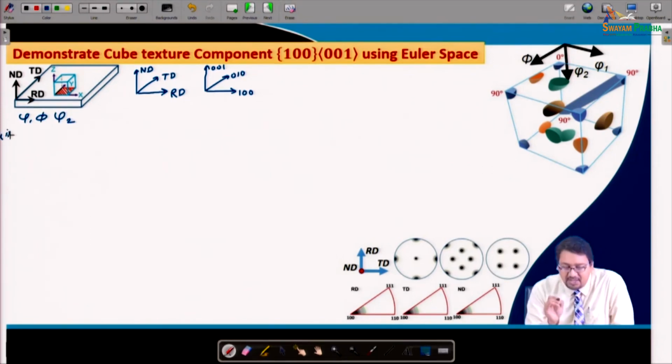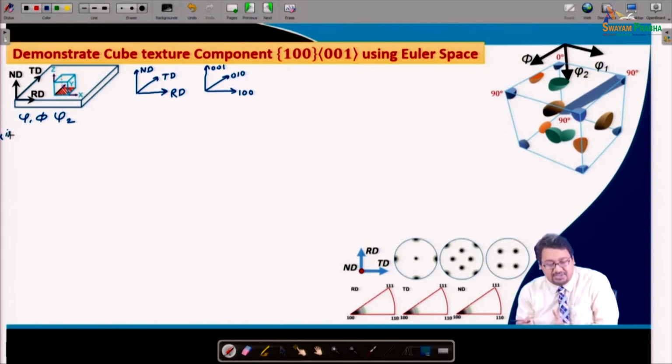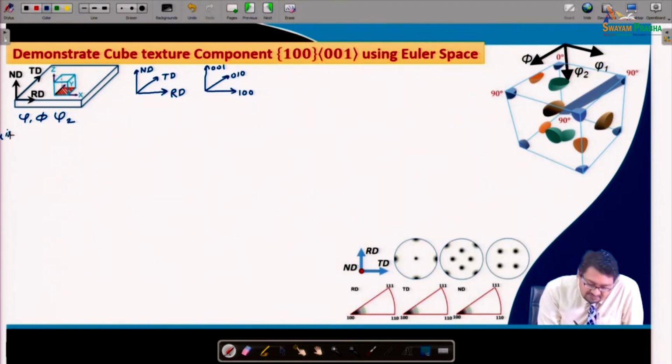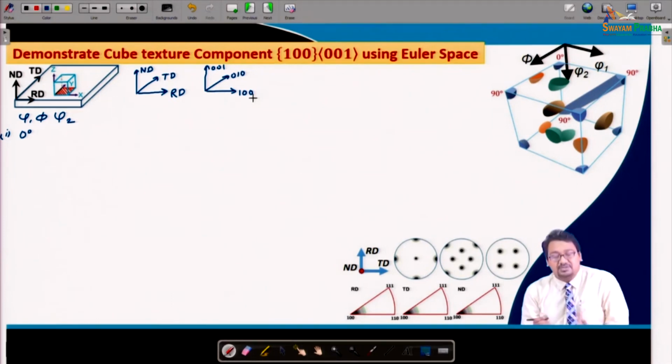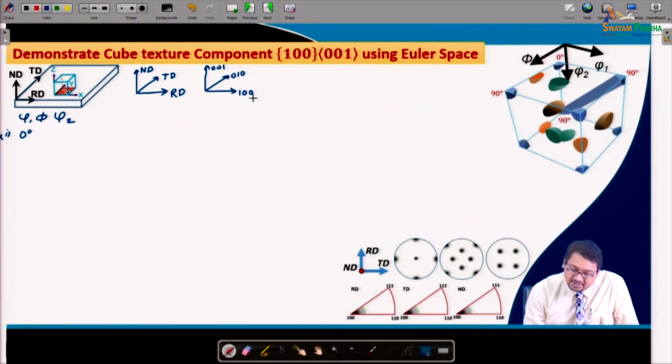is that we have to make ND parallel to some 100 and RD parallel to another 100, making it a cube texture component, right. So, if initially I give a rotation of 0 degree along phi 1, that is, a rotation of 0 degree along ND of the specimen axis, then the RD remains at 100, the TD remains at 010 and ND will be 001 because we are rotating about ND.